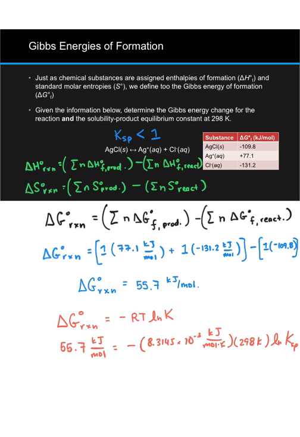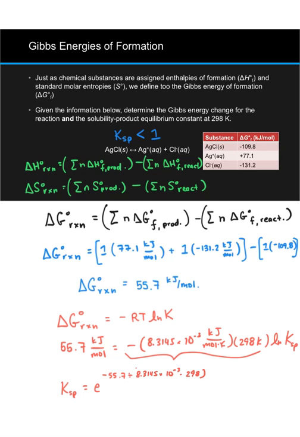To solve this equation, we'll divide both sides by this whole quantity and then raise both sides e power. So our KSP ultimately becomes equal to e to the negative 55.7 divided by ideal gas constant times temperature.